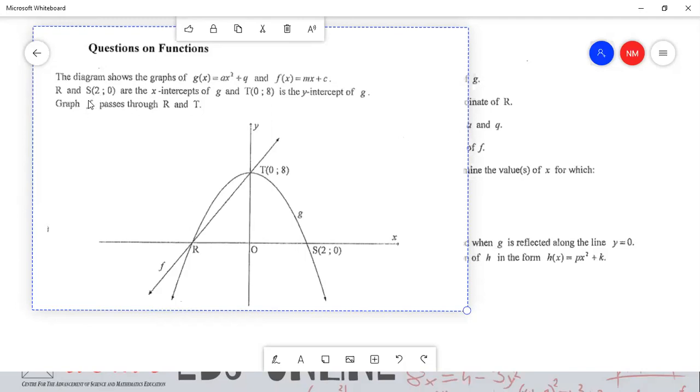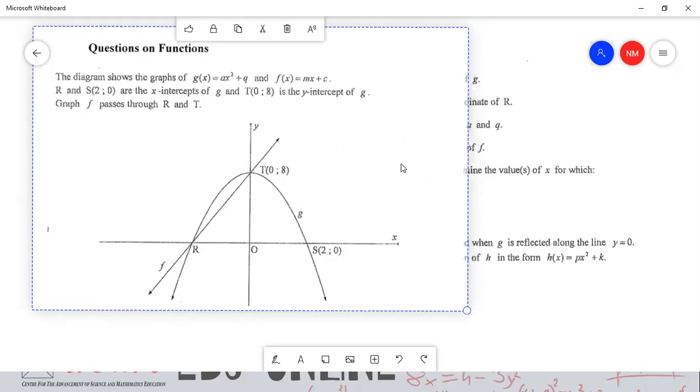S and R, the coordinates of S and 0, are the x-intercepts of g, and T at (0; 8) is the y-intercept of g. The graph f passes through R and T. So this is our graph f, which is passing through R and T. And this is our graph g, which passes through T and S like that.